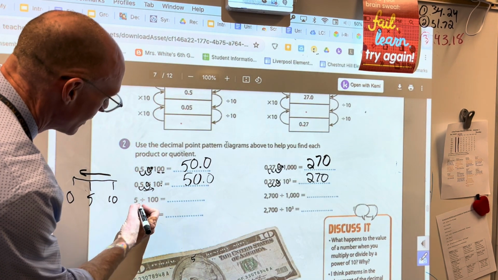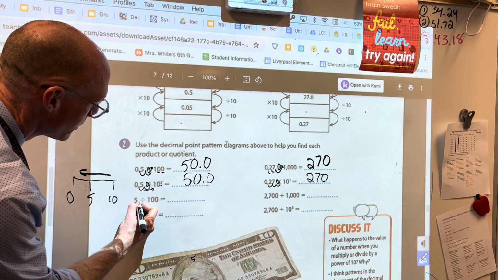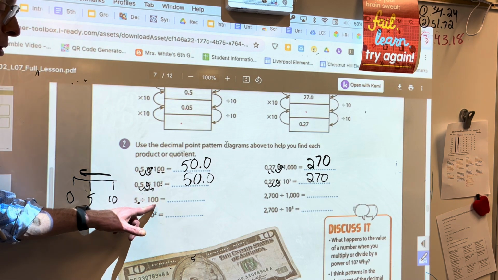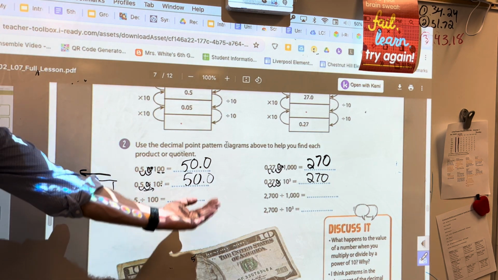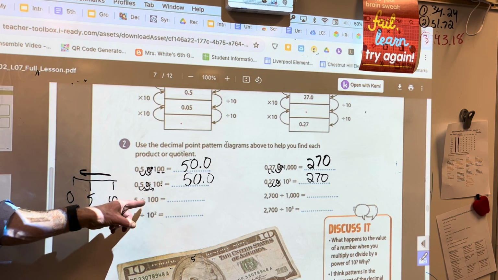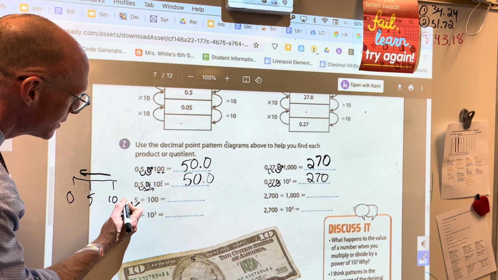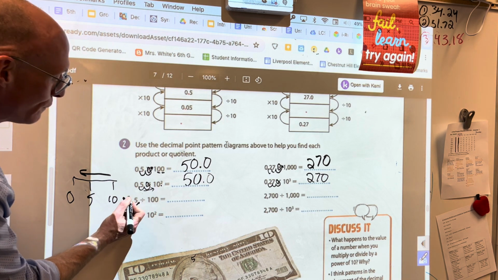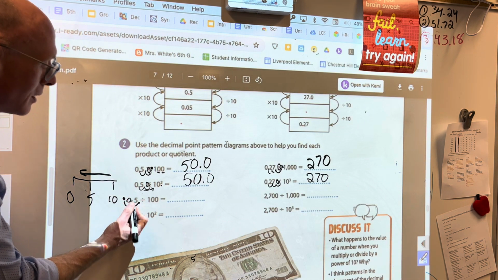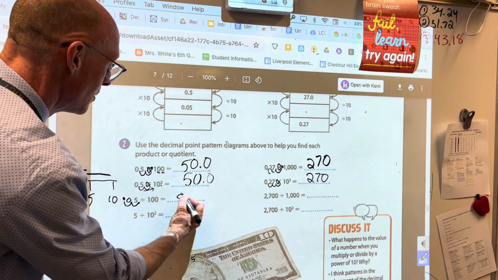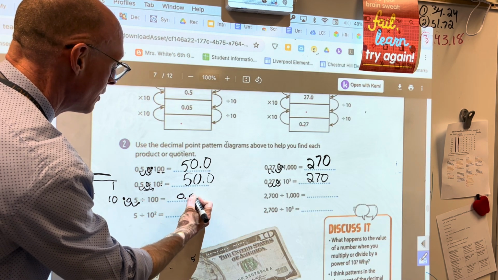It's just at the end. Bloop. And how many times are we going to move it? Once, twice, to the left. Why to the left? Because we're dividing. Once, twice, and you put that decimal right there, fill in that gap with a 0, 0.05.